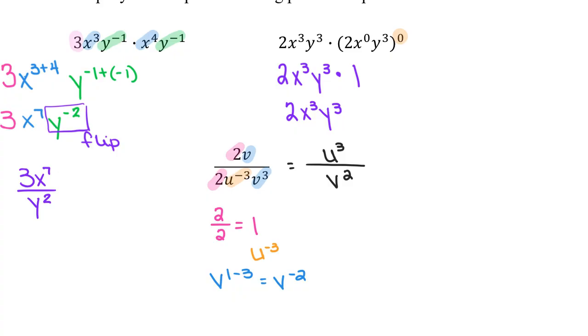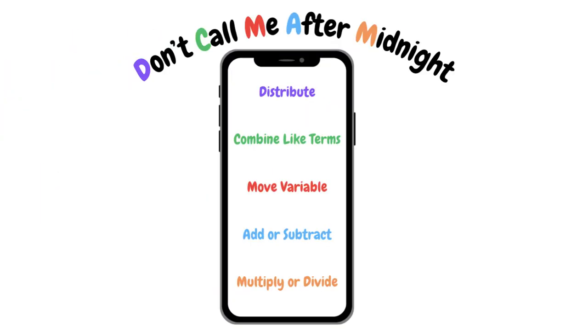All right. We've been studying this whole "don't call me after midnight." It's kind of our memory thing on solving multi-step equations, where we've been distributing, then combining, and then shifting the variables so that it's on the left side of the problem, correct? All right.